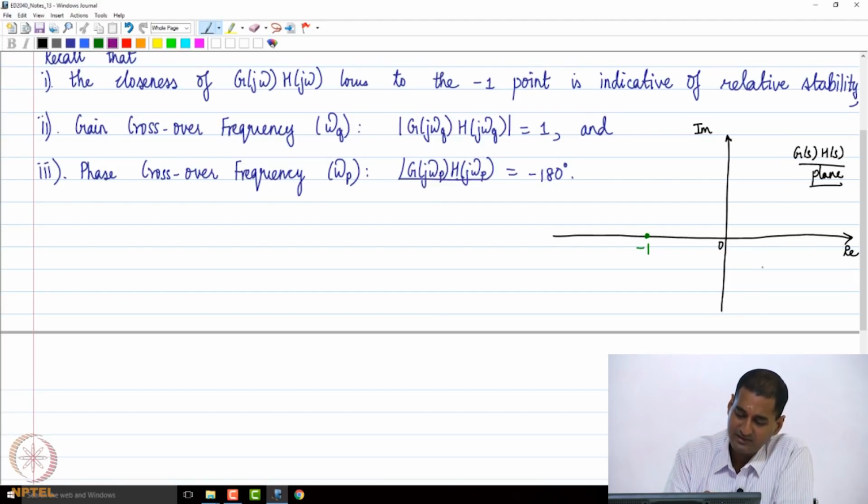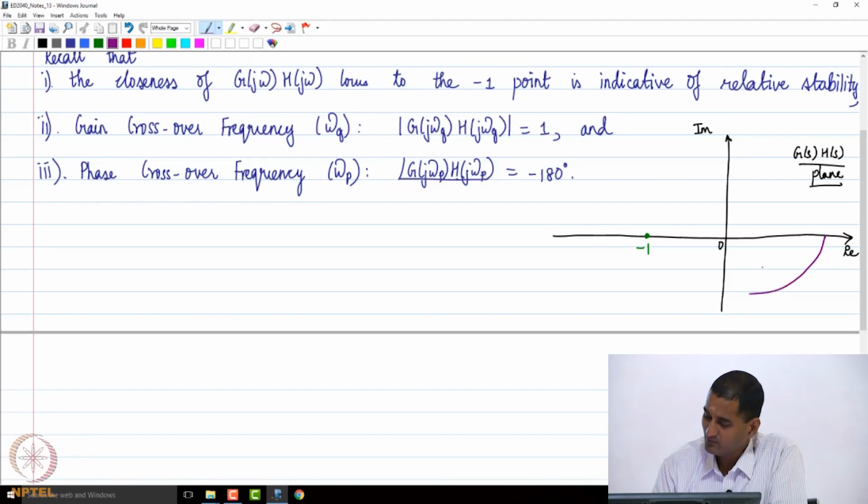Suppose, just for the sake of argument, my locus of G(j omega)H(j omega) is something like this. Some open loop transfer function whose locus goes this way.